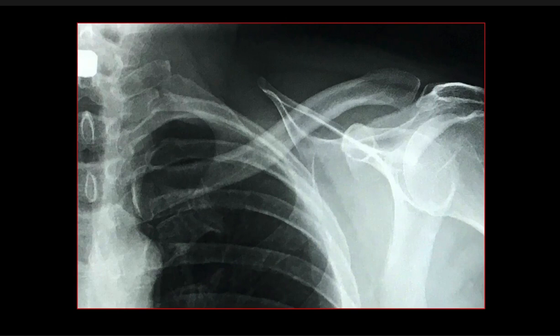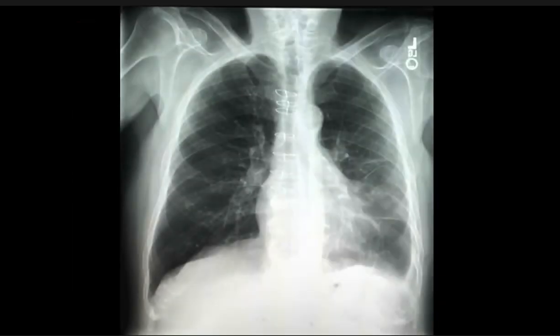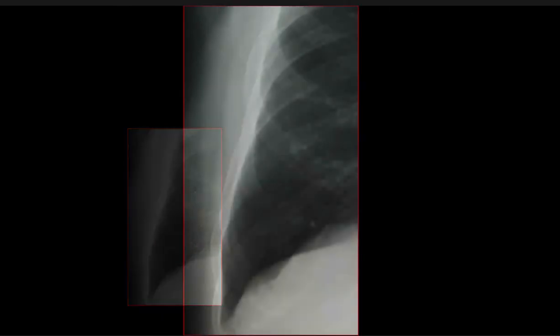I'll zoom up here. So if we look right underneath there, we can see that. There's another one here. We can zoom up to see it a little better. Right there, boom. You can also see them on the lower ribs and the axillary portions of the lower ribs.